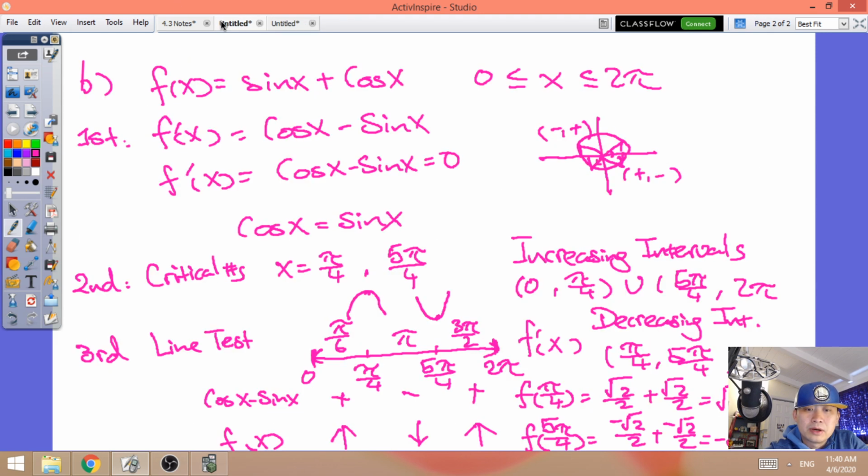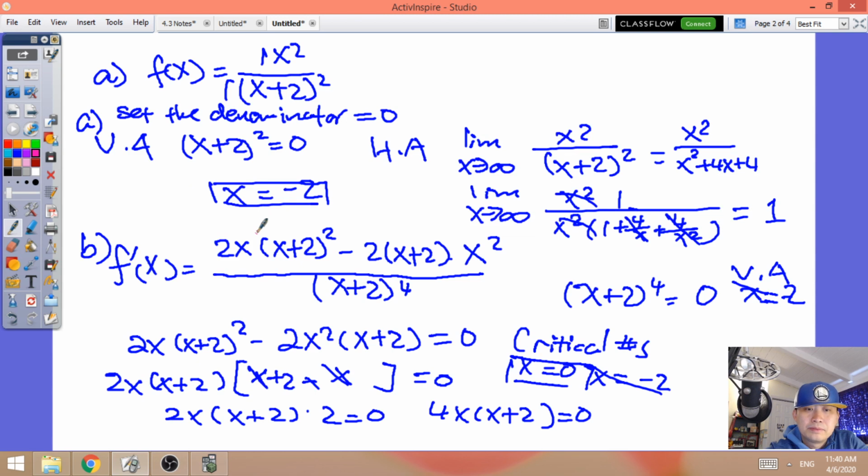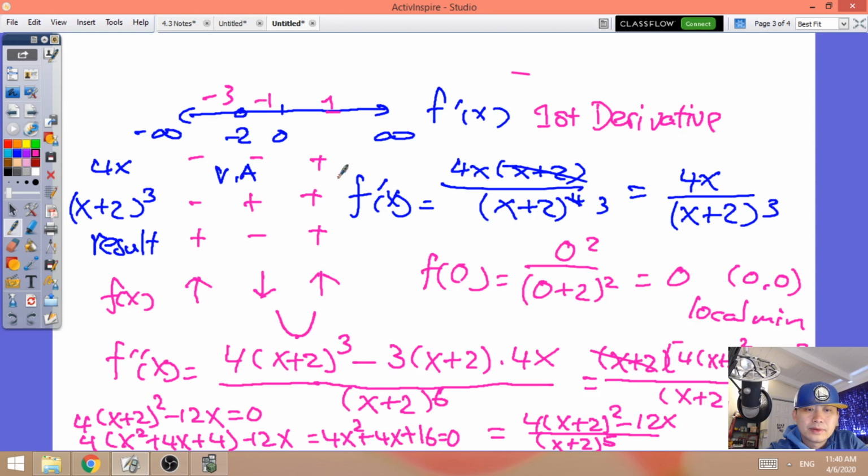Okay, back to this part right here. Wait a minute. Let's see. So that's part A, part B. We find a critical number. Okay, so negative infinity to negative 2, that's increasing. So that's what we got. And then everything else, from negative 2 to 0, 0 to infinity.